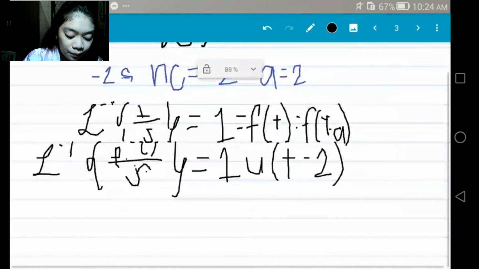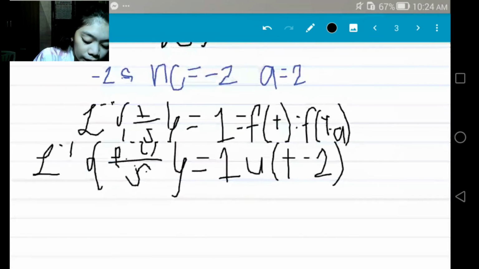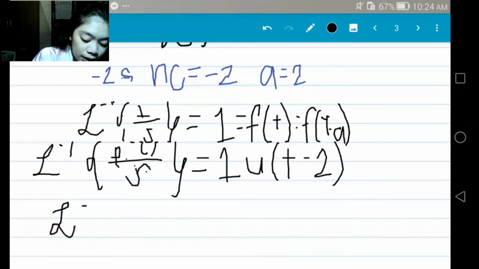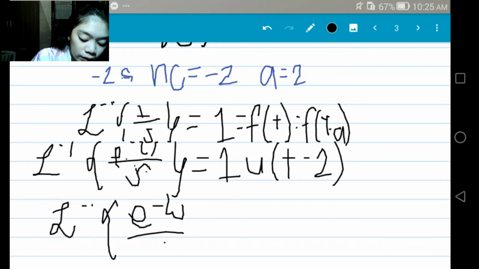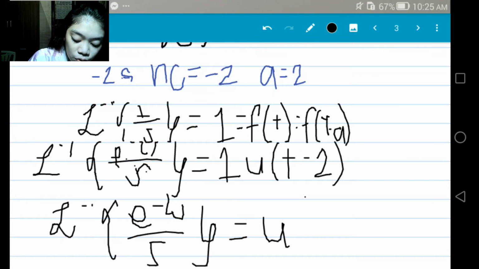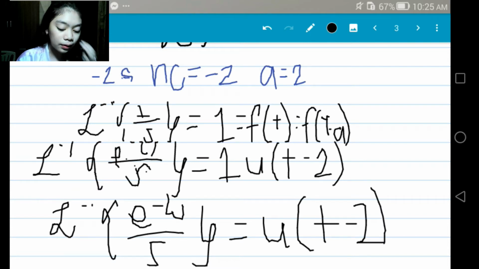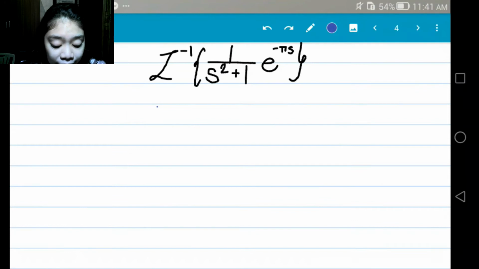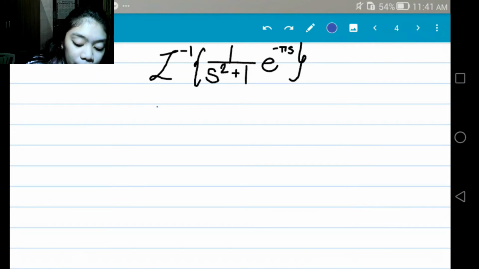Now, simplifying, the Laplace inverse of e raised to negative 2s over s will be equal to simply u of t minus 2. That's it. Now, our next problem is the Laplace inverse of 1 over s squared plus 1 multiplied by e raised to negative pi s.